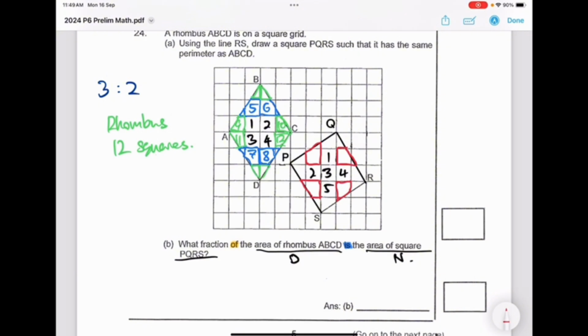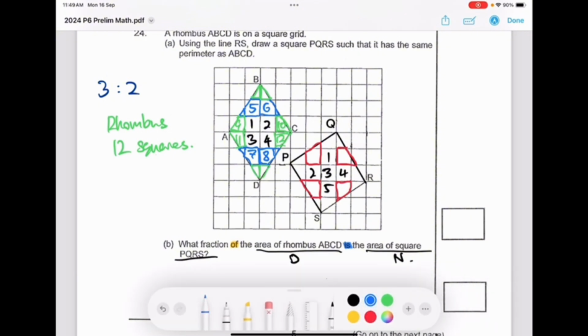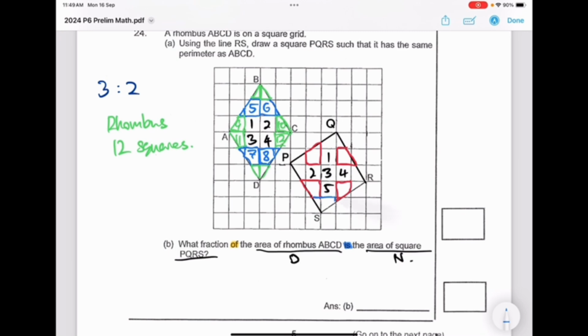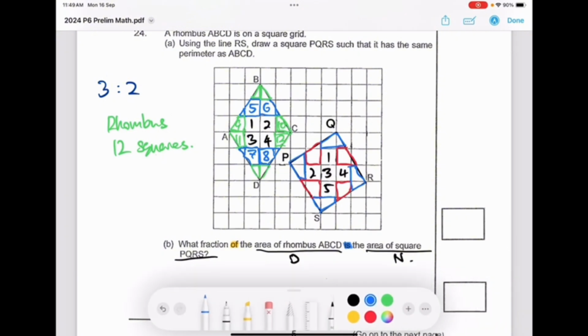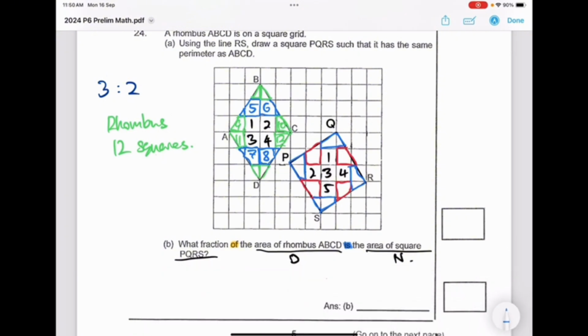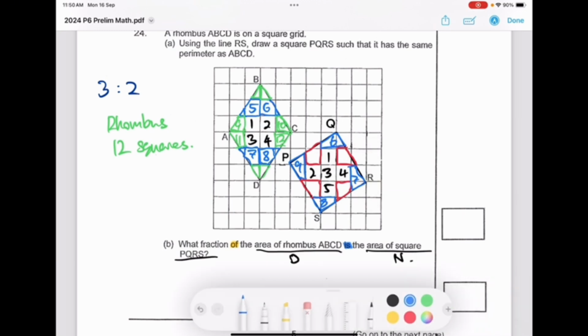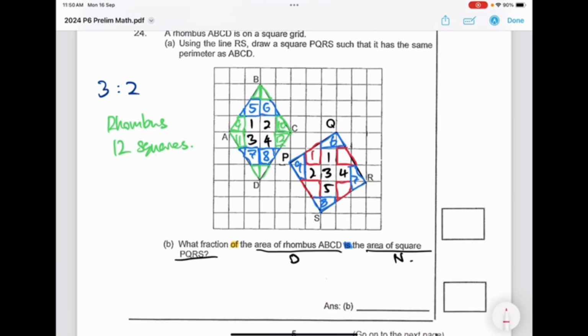And you realize that the others work as well. I'll have 5, 6, 7, and 8. So looking at this, I have 6, 7, 8, 9, 10, 11, 12, and 13. So my square PQRS has a total of 13 squares.